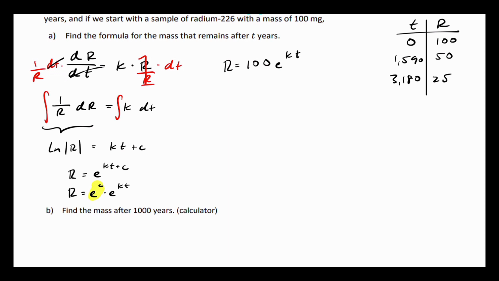Step 2, solve for K. So I'm going to use one of my points. I can't use the first one because I technically already did to get 100. So I'm going to use my second point. Okay, so anywhere there's an R, I'm going to put a 50. Anywhere there's a T, I'm going to put 1,590.